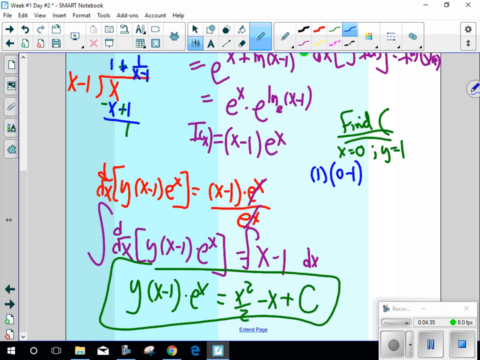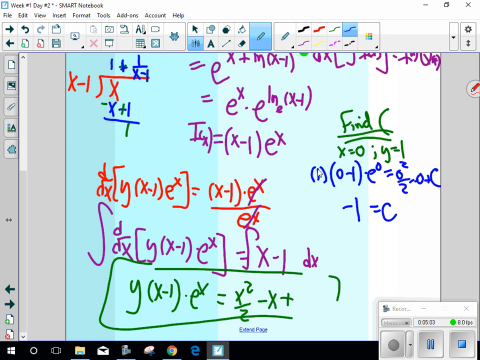There's where the negative comes from. e to the 0 equals 0 squared over 2 minus 0 plus c. So this is going to be 0 minus 1 is negative 1 times 1 is equal to c. So we can just change this into a negative 1.